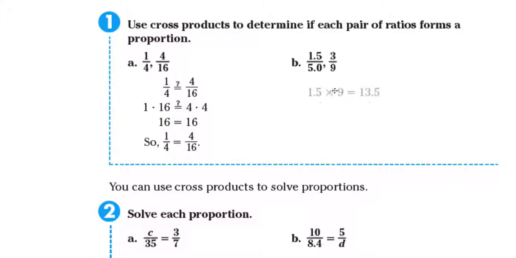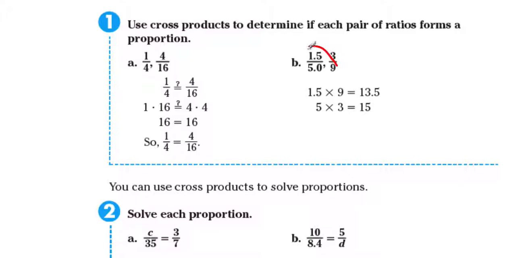Let's take a look at example B, using cross products. We can use a calculator for this one, but we don't need to. 9 times 1.5 is equal to 13.5, and 5 times 3 is equal to 15. We're doing cross products right here.